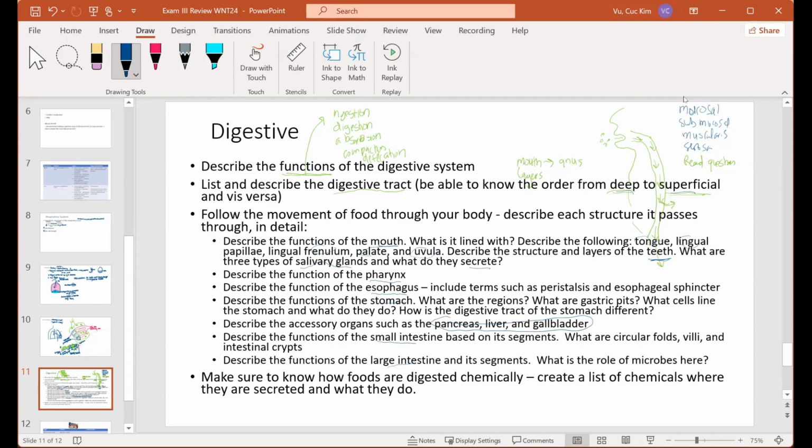And a good way to learn these is to do the cognitive maps, to do that list that you did for the respiratory, like 1, 2, 3. And then as you're going through that, what are they? What layers do they have and what characteristics do they have? Okay. So with the remaining time that I have left, I'd like to focus that on the chemical digestion, if I may.